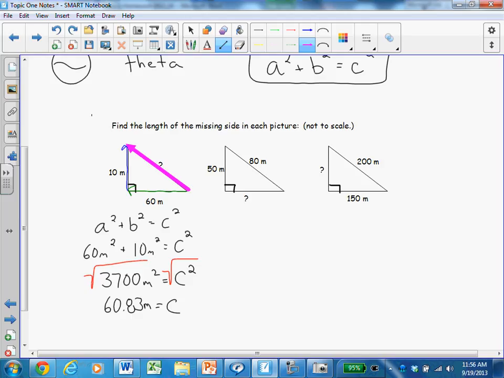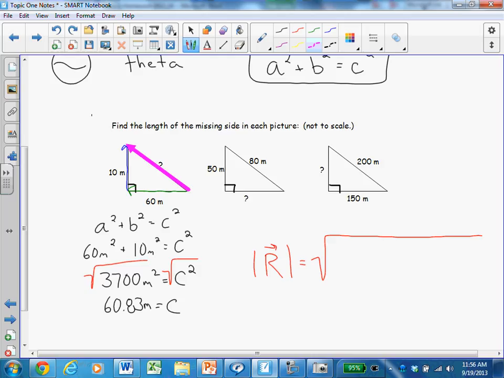Okay, it looks like this. It's on the first page of your reference packet, reference tables. Looks like this.